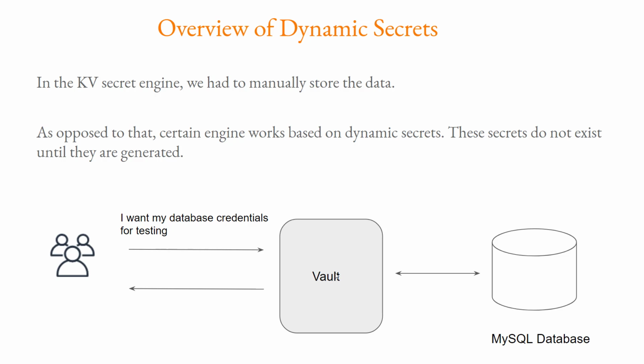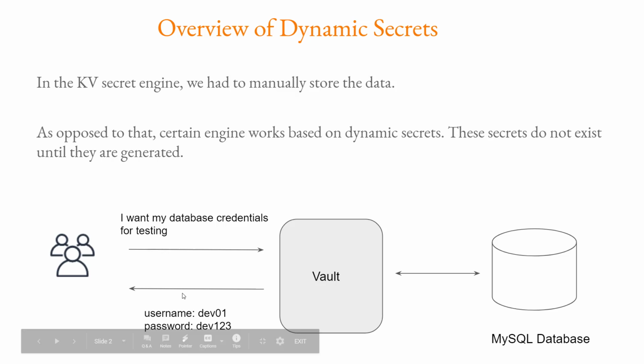Now Vault in turn needs to be integrated with the MySQL database, and if this integration is done properly, then the secret engine would be able to generate the username and password for that database dynamically, and then it will send it to the developer. So the developer will use this username and password for his testing purposes. This is what dynamic secrets are all about.